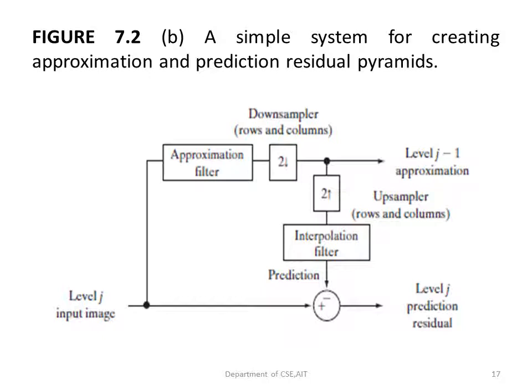We can see their symbols here: the downsampler is given by the down arrow, and the upsampler by the up arrow. We give an input image of level J, and by making use of the filters and the upsampler or downsampler, we can get the approximation and the prediction residual.